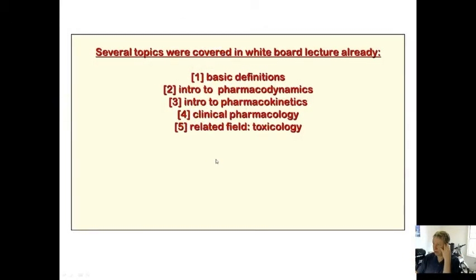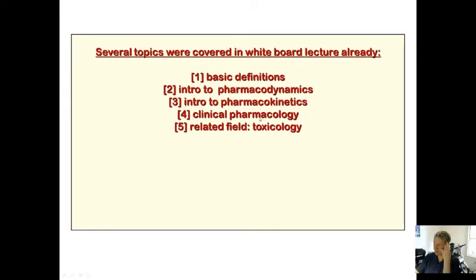Kind of going on from where we were, last time on the whiteboard we talked about some definitions. We talked about an introduction to pharmacodynamics and how drugs have effects in the body. Intro to pharmacokinetics, really the four things were ADME: absorption, distribution, metabolism, and excretion.